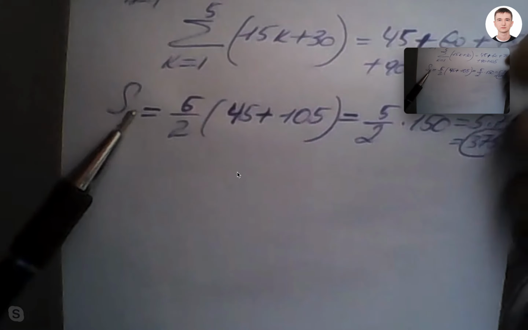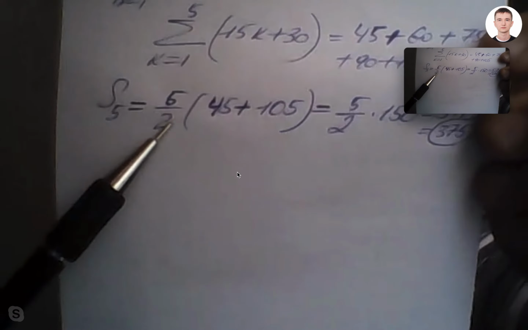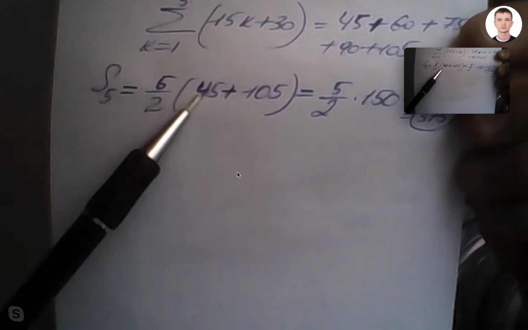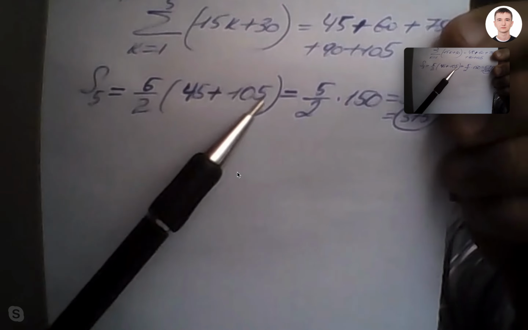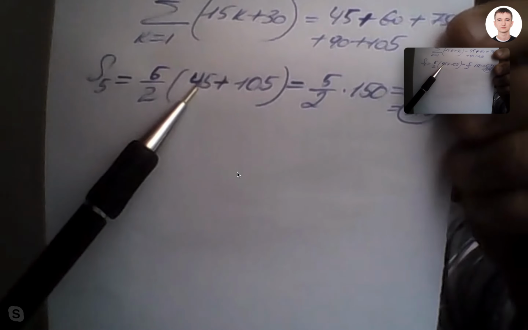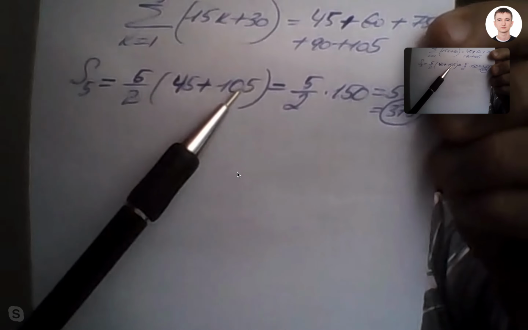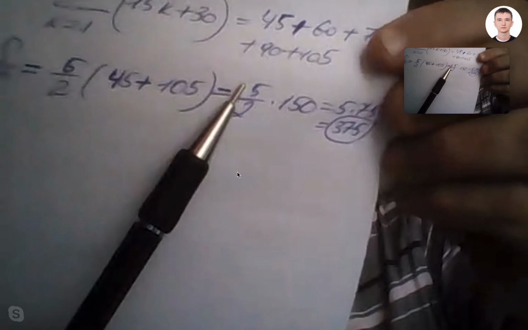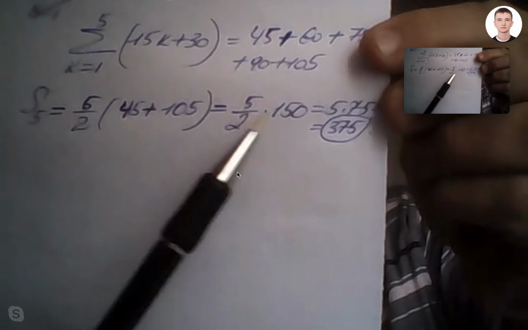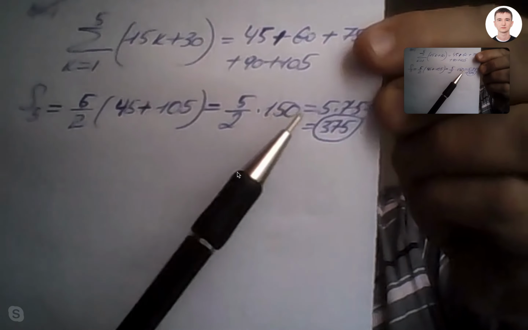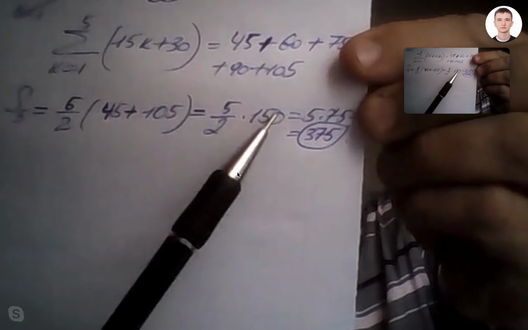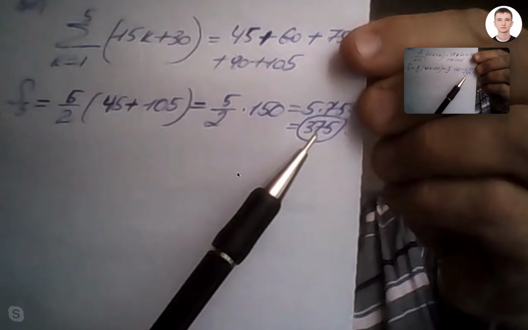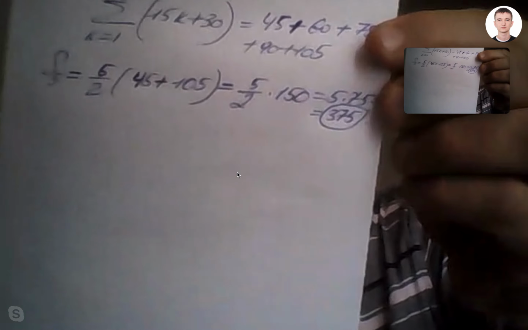The sum of 5 terms equals 5 over 2, because n equals 5, times the sum of 45 and 105, because 45 is the first term and 105 is the last term, which gives us 5 halves times 150, or 5 times 75, which is 375.